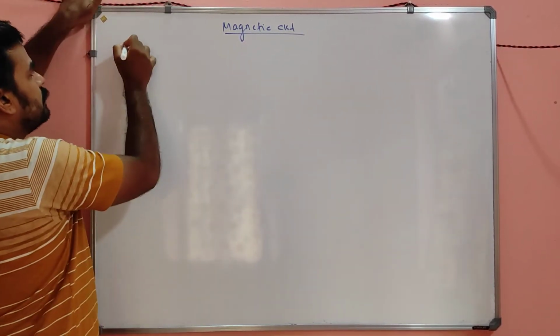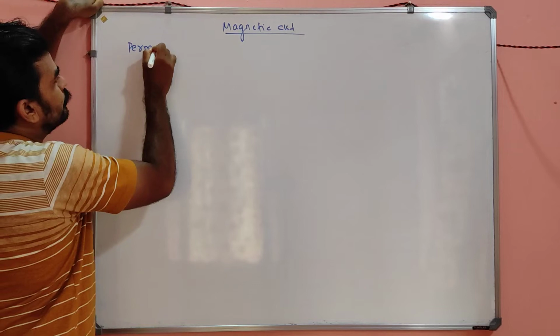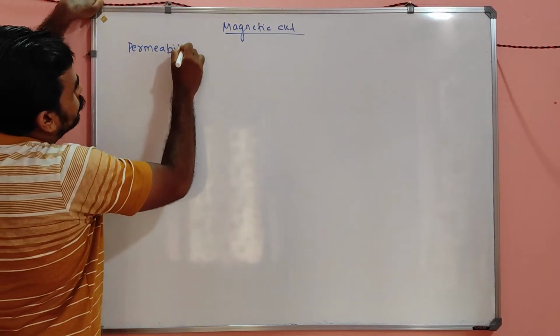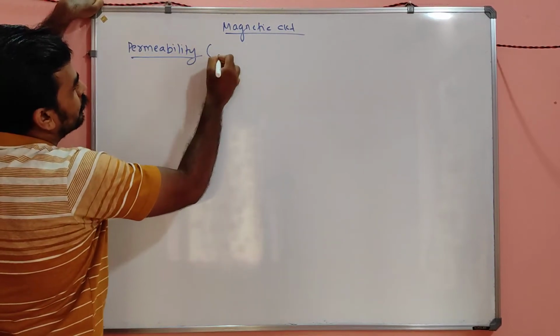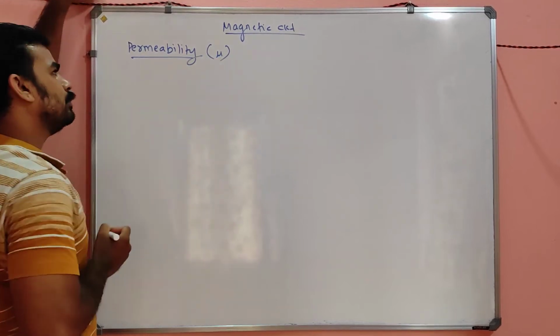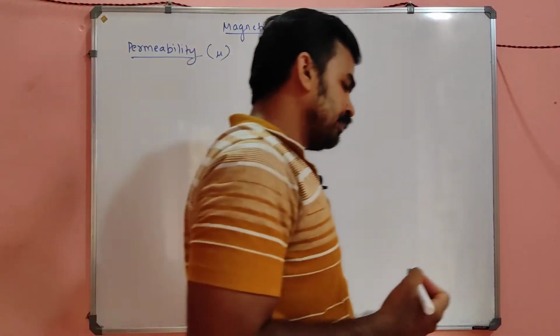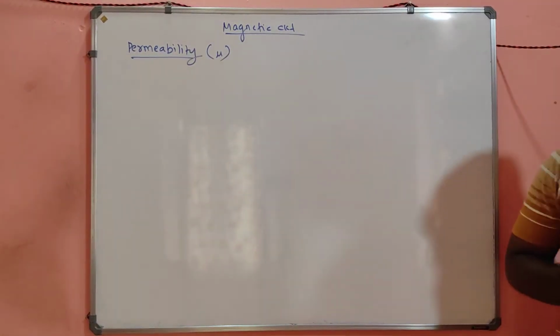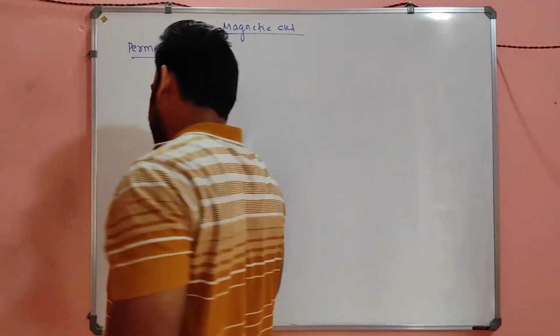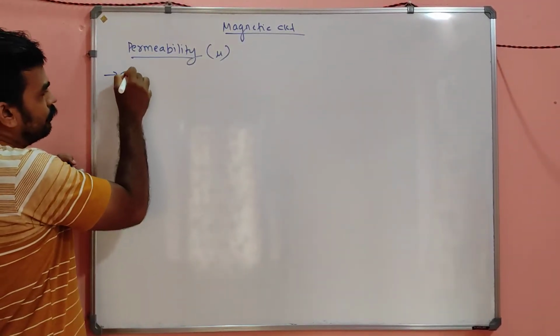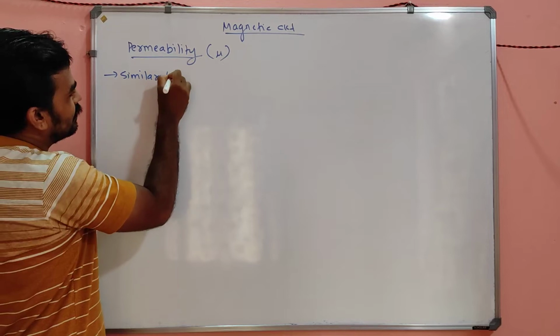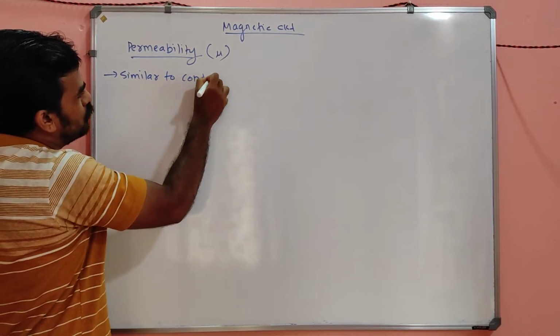Next, permeability, represented by the symbol mu. Permeability is similar to conductivity in electric field. This is also a question, my dear.